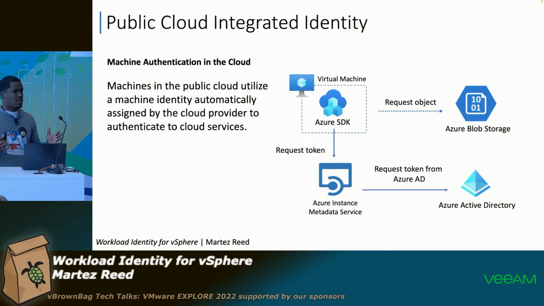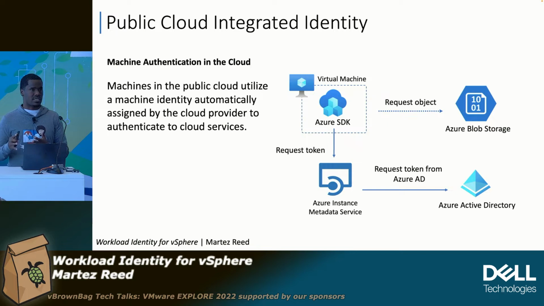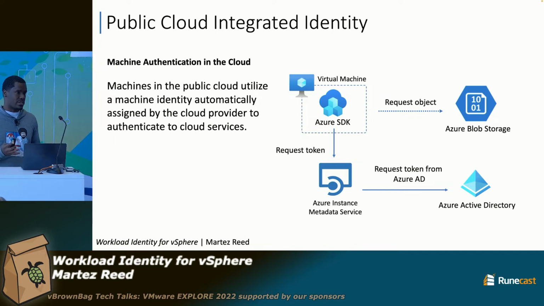One of the things that many of us are now familiar with as it relates to the public cloud is the ability to streamline that identity process for workloads running in a public cloud to services. In this example, we have, let's say, a virtual machine running in Azure to be able to authenticate to a service that has been exposed. In this case, blob storage.